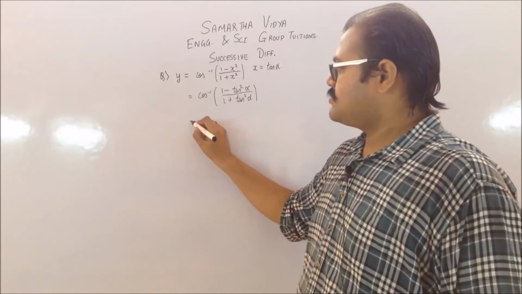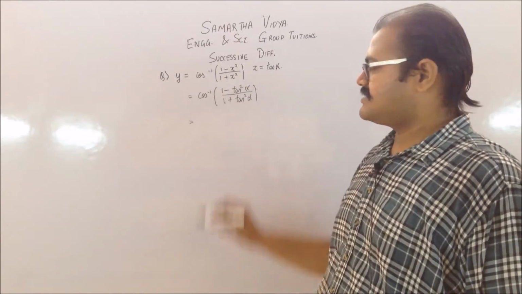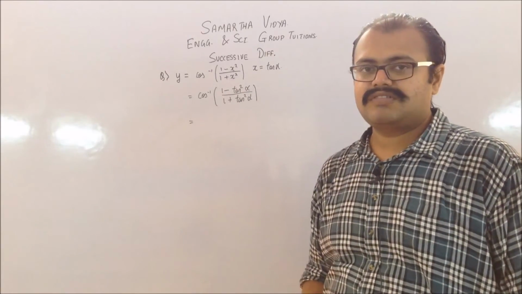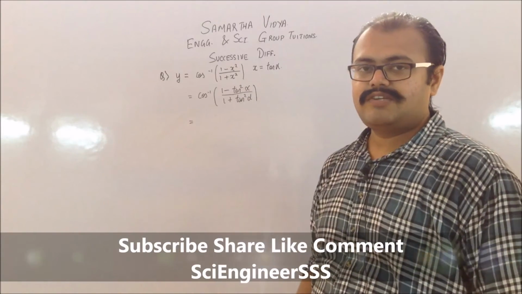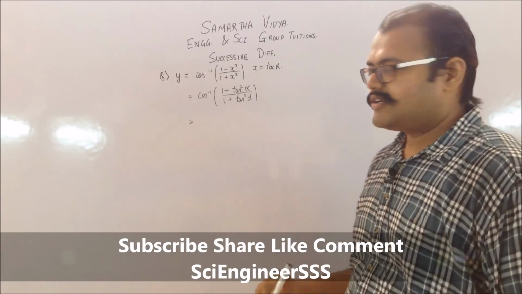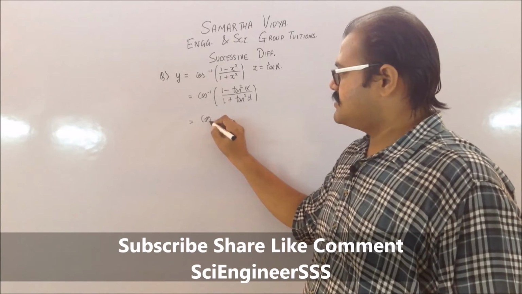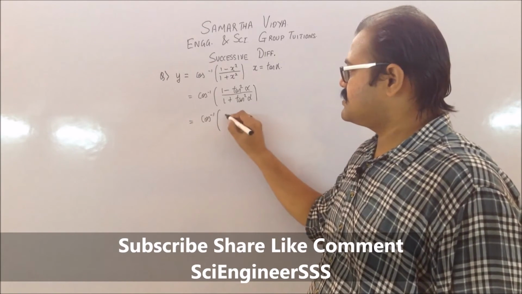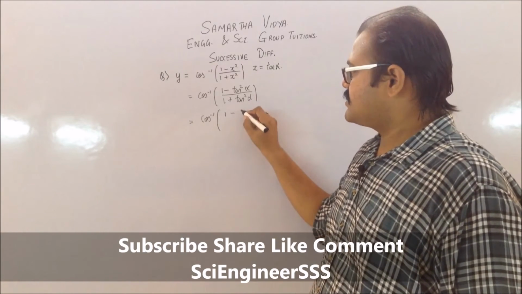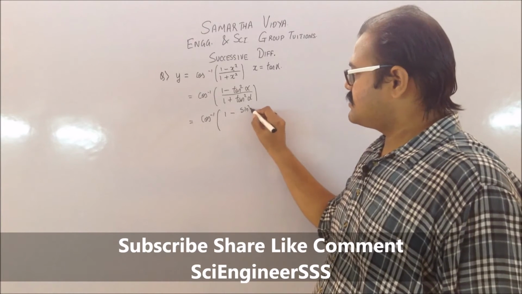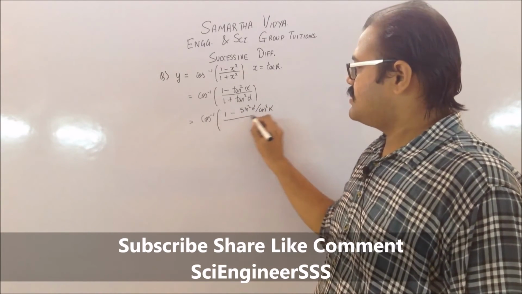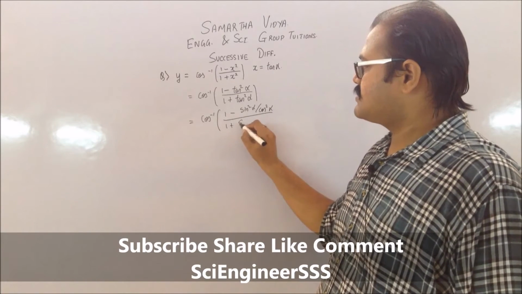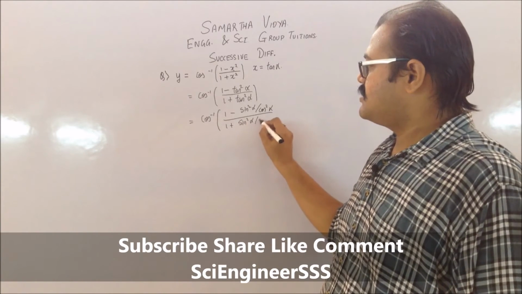Now you need to just write this thing as sine upon cos. If you can recollect this formula, it's the formula for your cos 2 alpha, or you can go for these extra steps if you are not recollecting it, which is sine square alpha upon cos square alpha divided by 1 plus sine square upon cos square.